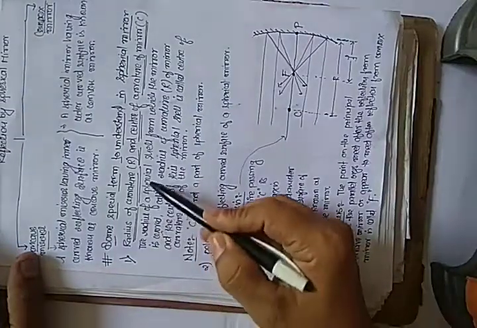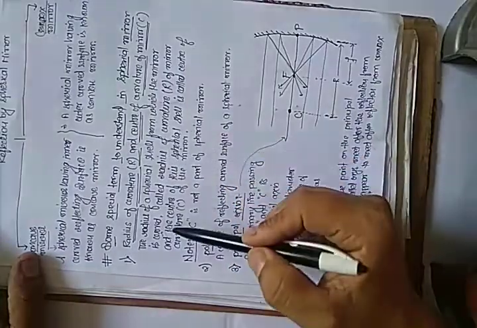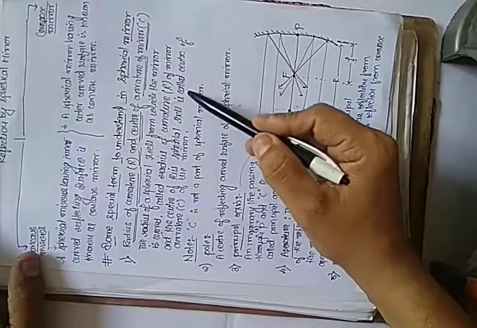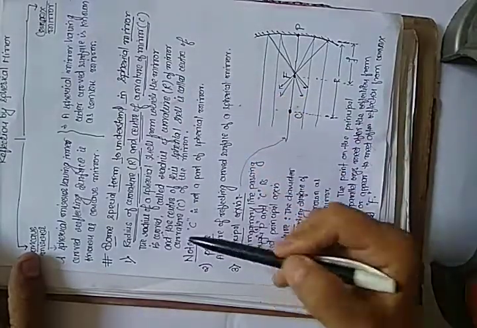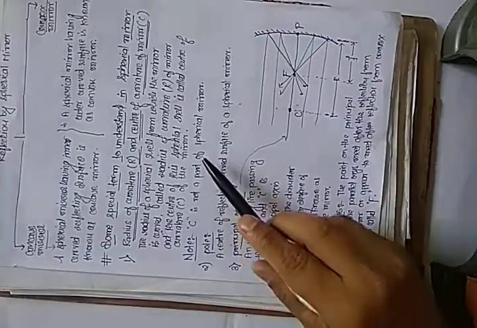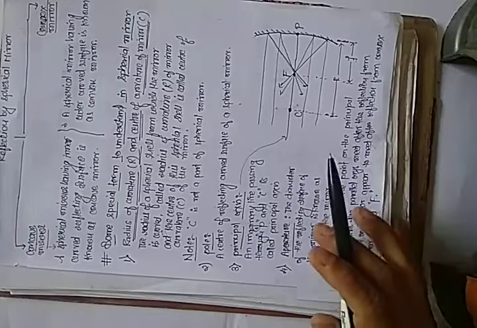So the radius of the spherical shell from which the mirror is curved is called radius of curvature. And the center of the sphere is called center of curvature. Note, center of curvature is not a part of a spherical mirror. This is a note you have to keep in mind.